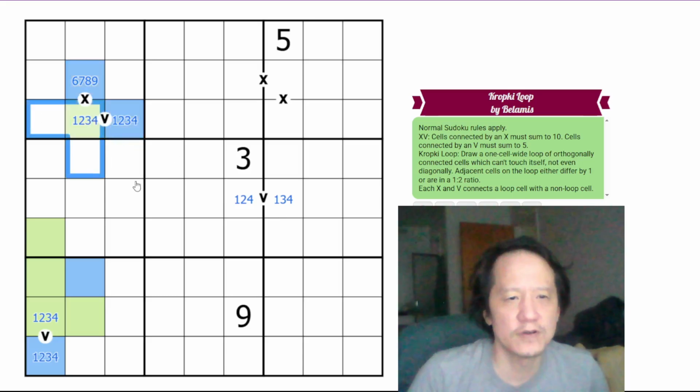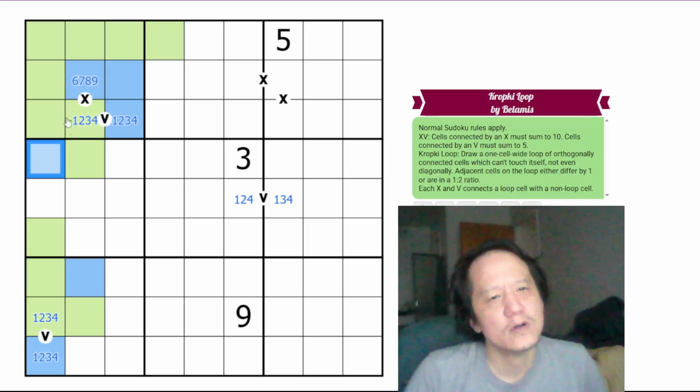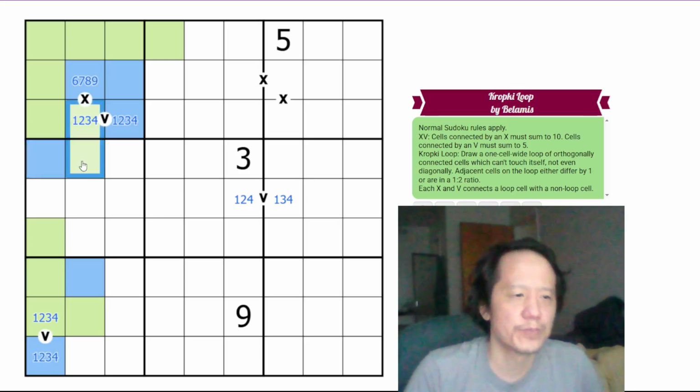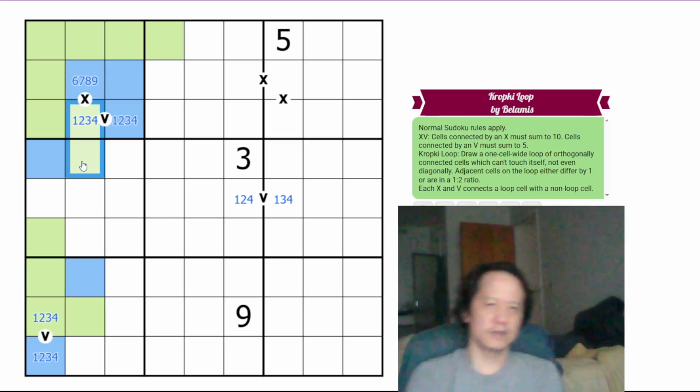It would have to go this way. This could not be on the loop. It would have to go that way. So it would have to essentially go all the way around. This could not be on the loop. It would have to extend to here. Huh. Is that possible? Maybe?